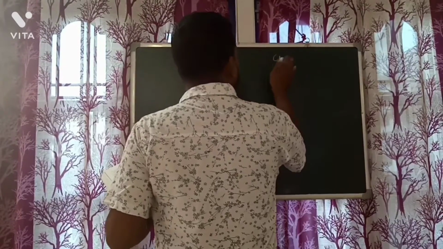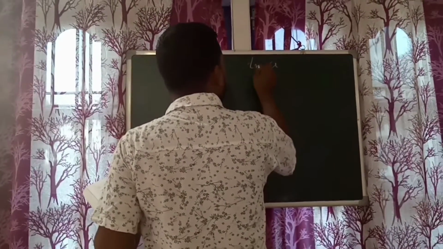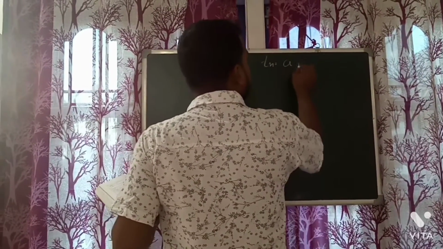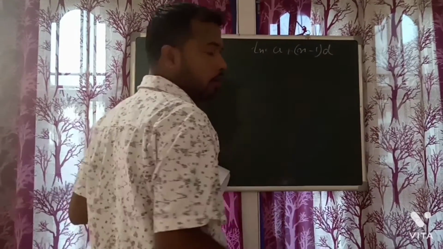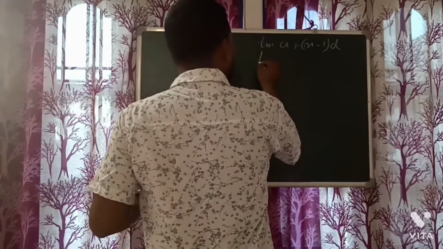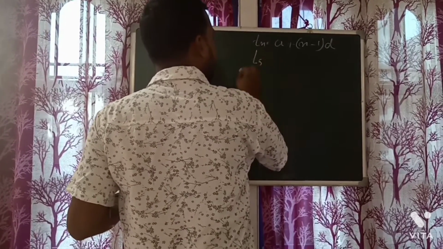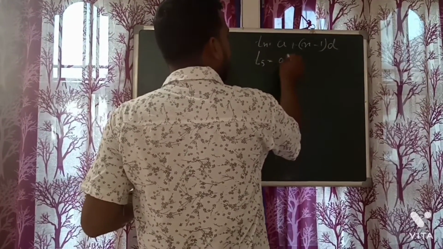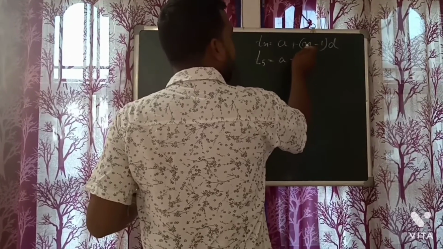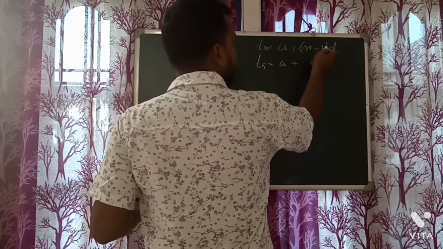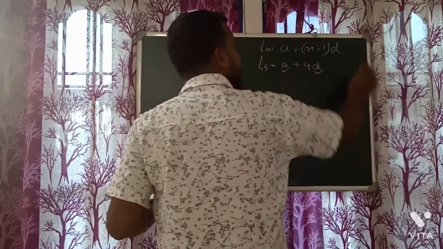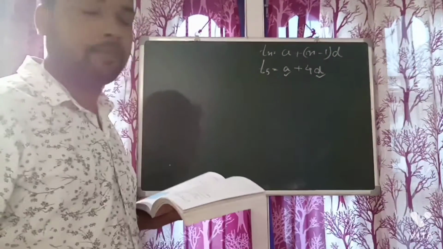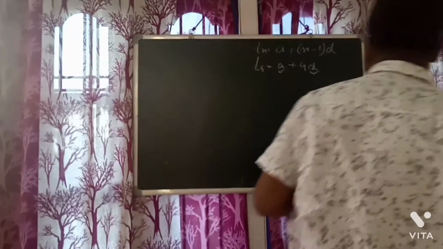That formula is Tn is equal to A plus n minus 1 into D. Suppose you have to find the fifth term, T5 is equal to A plus, in place of n there will be 5 minus 1, 4D. If you put the value of A and D, then you will get the fifth term. Like this way you have to do.